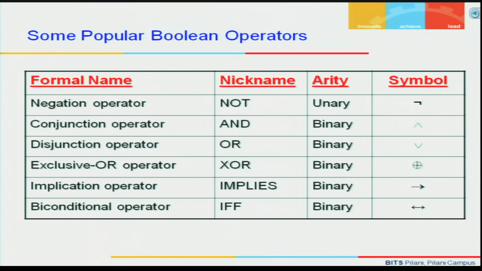For any operator, if you realize there is something called arity, the number of operands that it will be operating upon. If you see the addition operator, the plus operator that is acting upon natural numbers, how many operands will it be working on? 2.